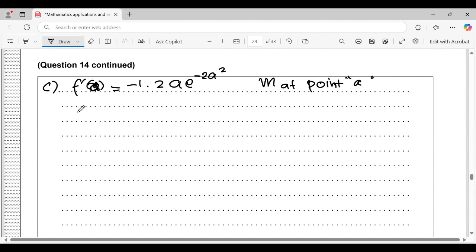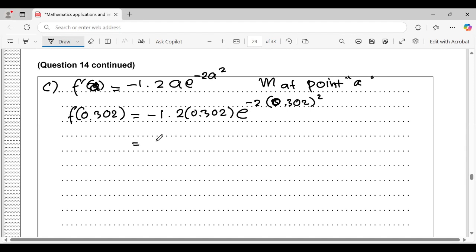So at point A, f derivative at A is minus 1.2 times 0.302 e power minus 2 times 0.302 squared.